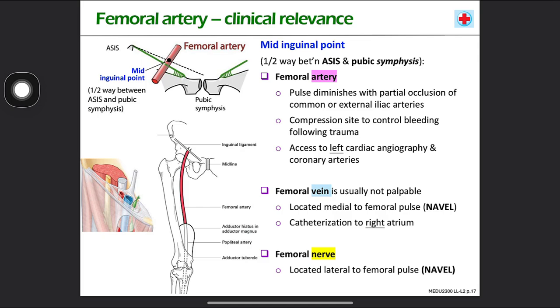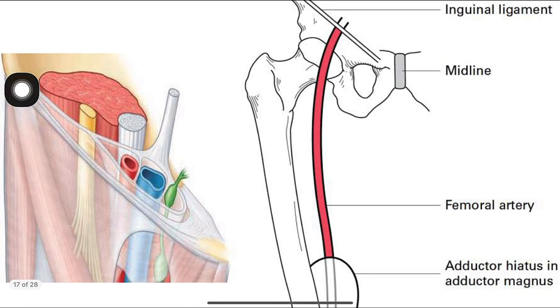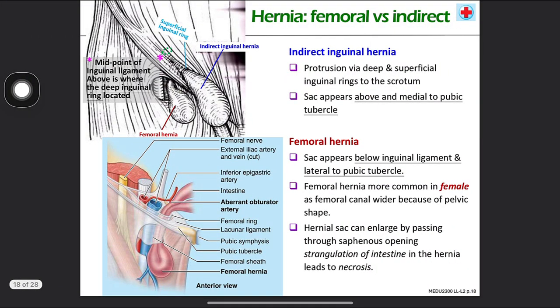And also the femoral nerve is lateral to the femoral pulse, okay? If you can't remember it, take a look at these slides. The trick is how to locate it. And if you can find the artery, you can find the vein, and you can find the nerve as well, okay? So the herniation.